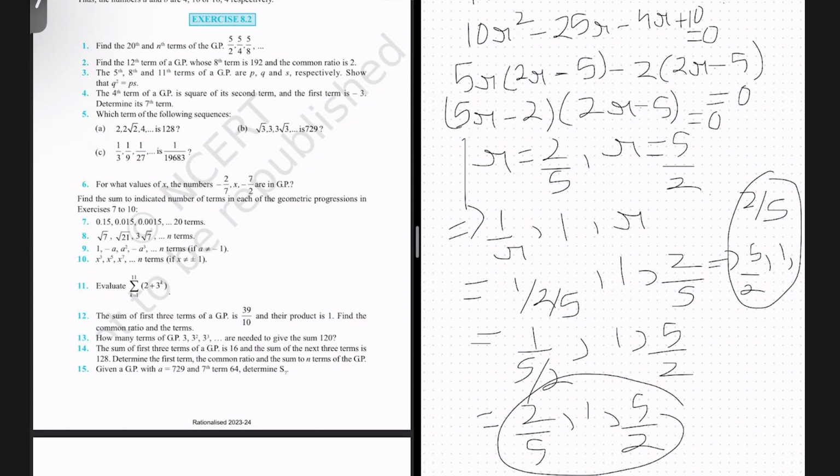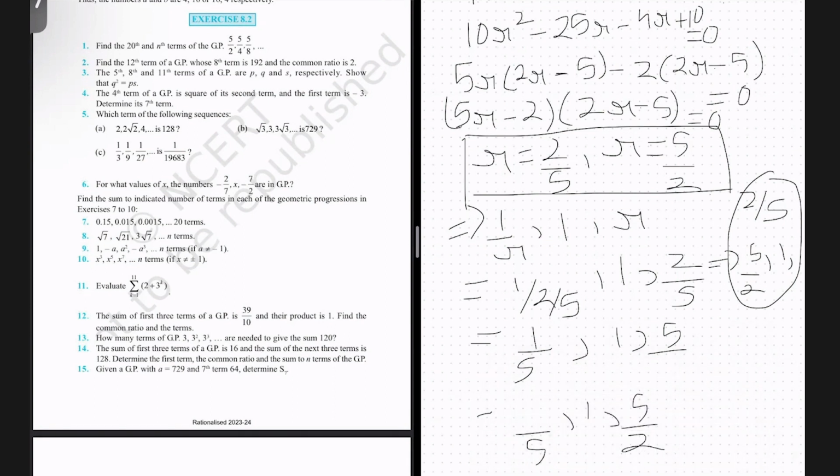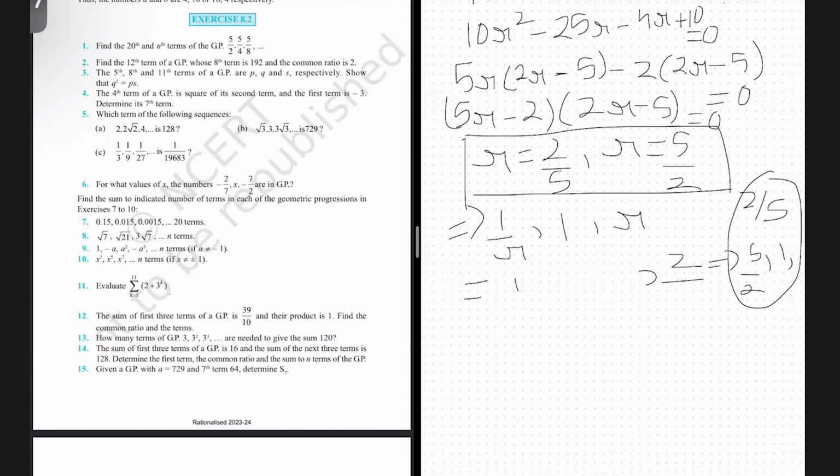Irrespective of the value of R that I choose, the first three terms are the same, and that is what I wanted to show you. So the first three terms of the GP are 2 by 5, 1 and 5 by 2. The common ratio is either 5 by 2 or 2 by 5 depending upon what you choose, and the first term A is 1.